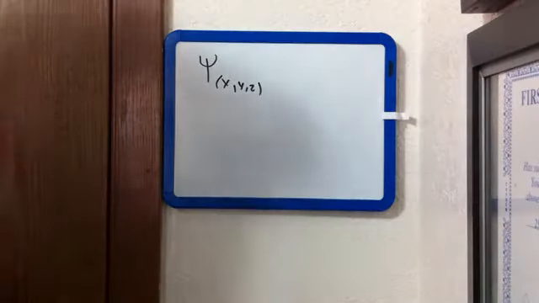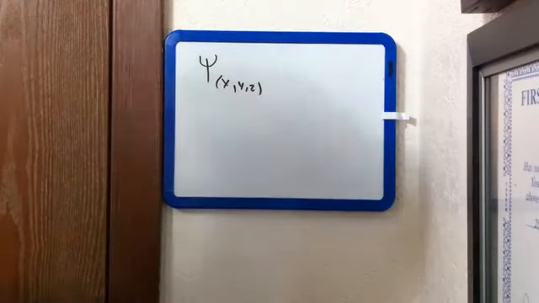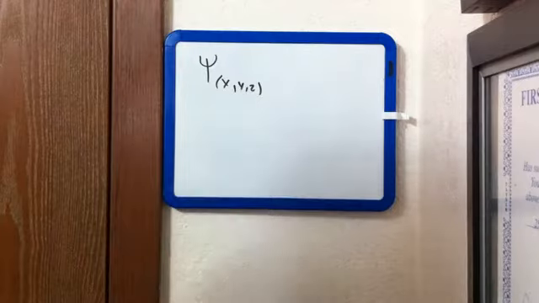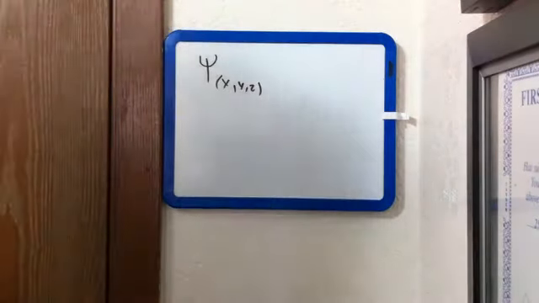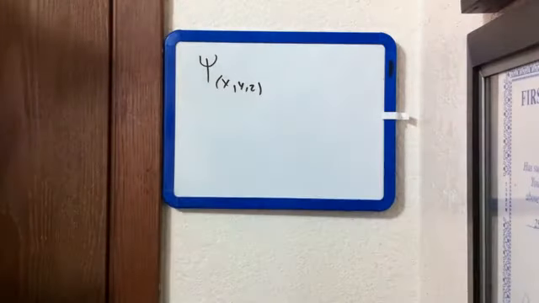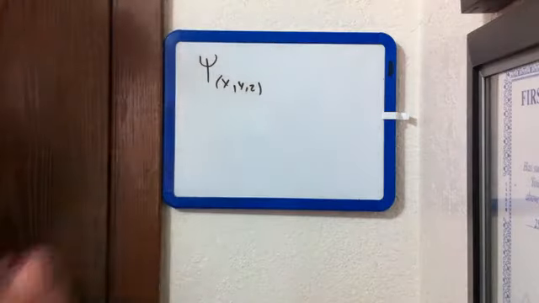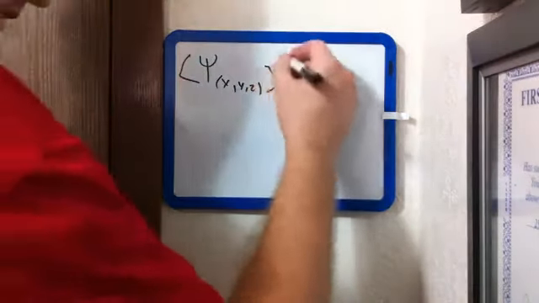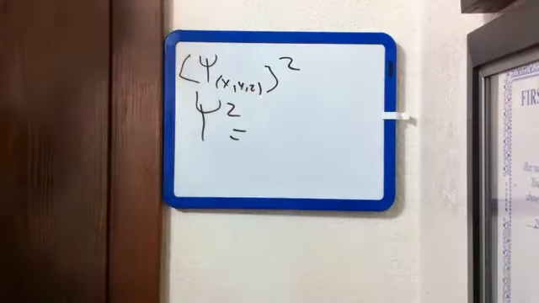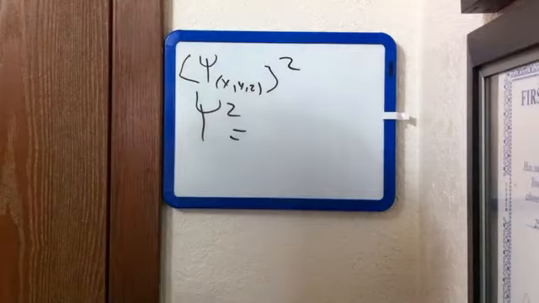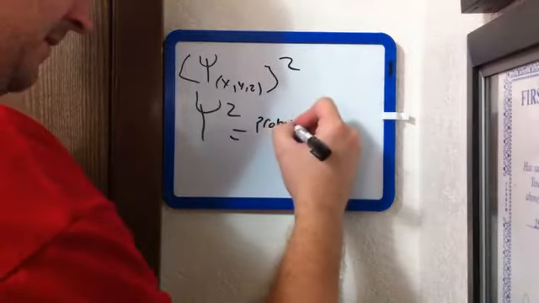It tells us nothing. Schrodinger was actually confused himself when he first derived this, because he had no idea what psi, the wave function, told us. And it wasn't until a physicist by the name of Max Born figured it out and said, well, what I can do is I take the square of the absolute value of the wave function, so psi squared, that is what gives me a probability density.